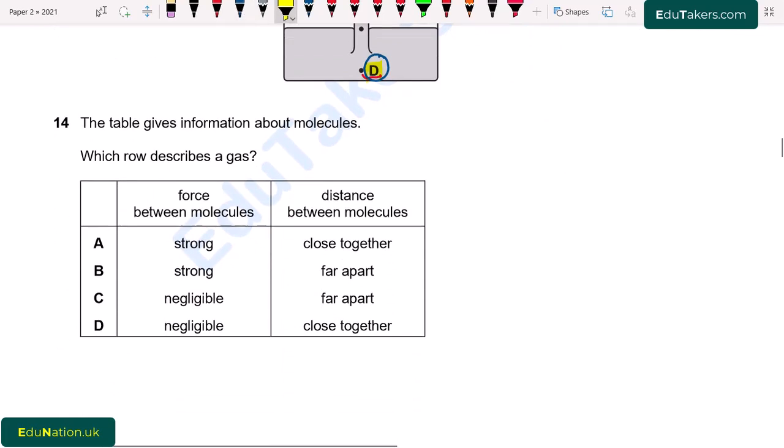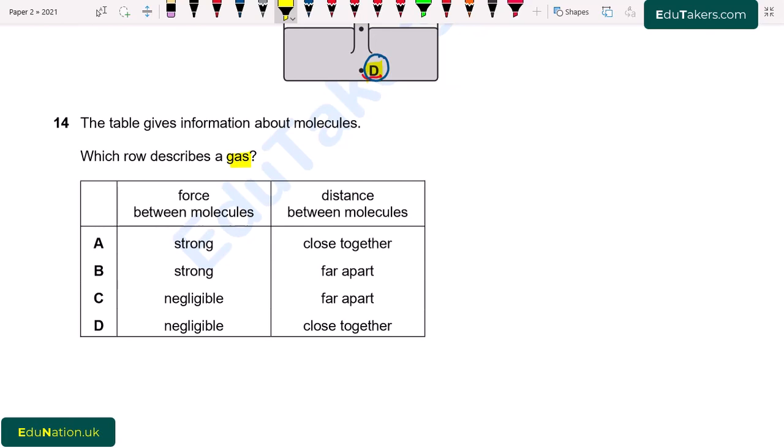Question number 14. The table gives information about the molecules. Which row describes a gas? Force between molecules, distance between molecules. So first of all, the forces between the molecules of a gas are very small and the distances between the molecules of a gas are very large because the gas molecules are very far apart from each other.